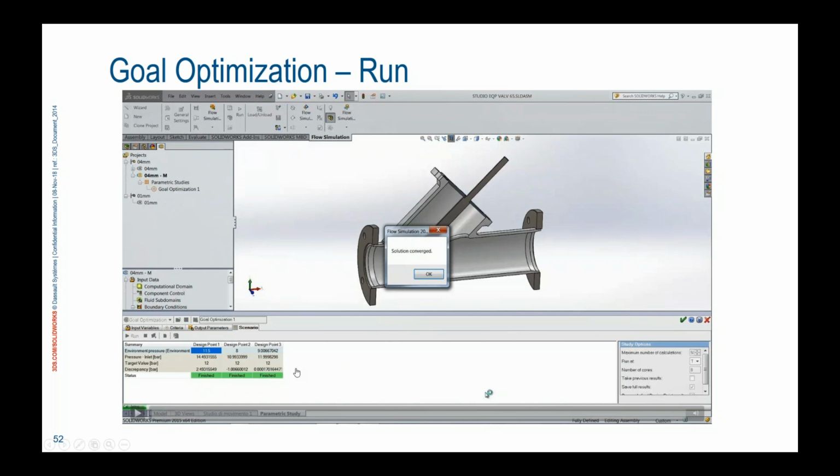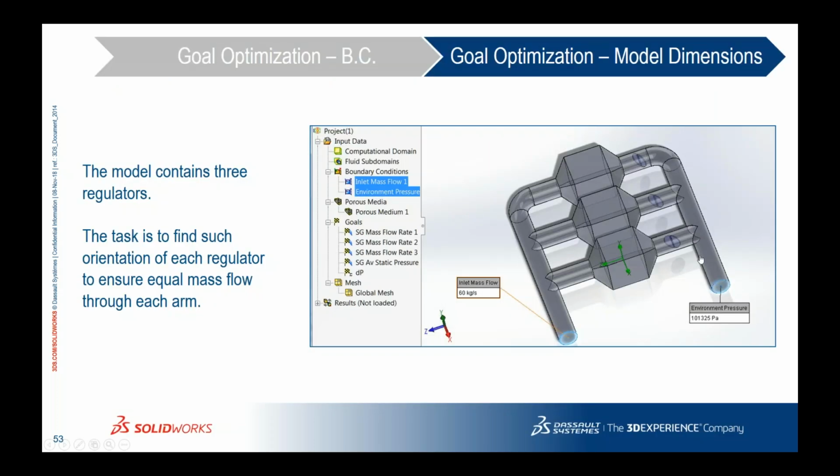So it's very convenient because not only have we achieved an optimum value, we can see here we have achieved the inlet pressure of 11.99, so very, very near to the 12 bar that we want. But also we saved a lot of time because it ran only 3 design points. So the solution is converged and we are very happy.